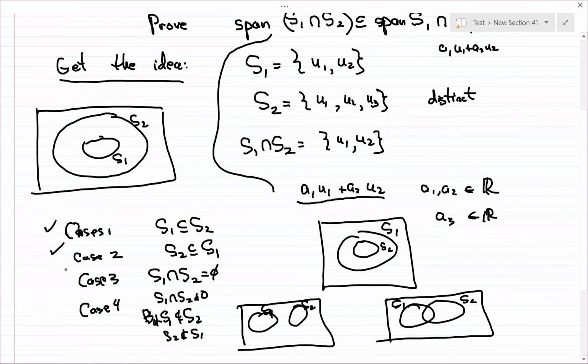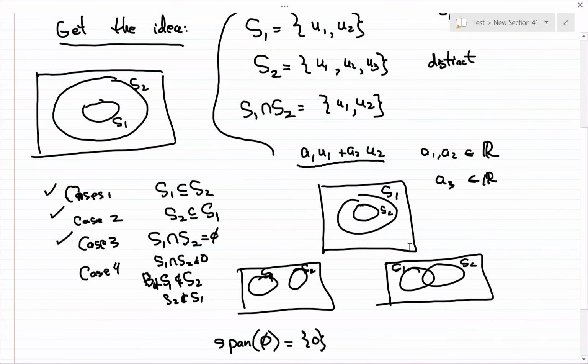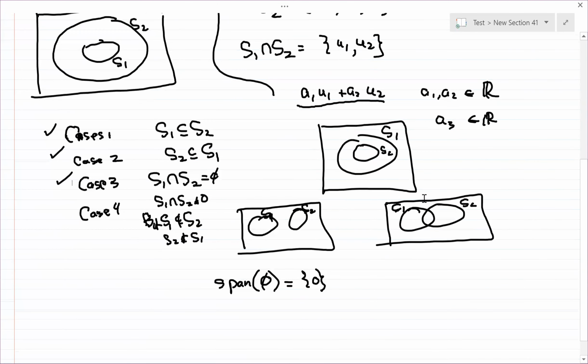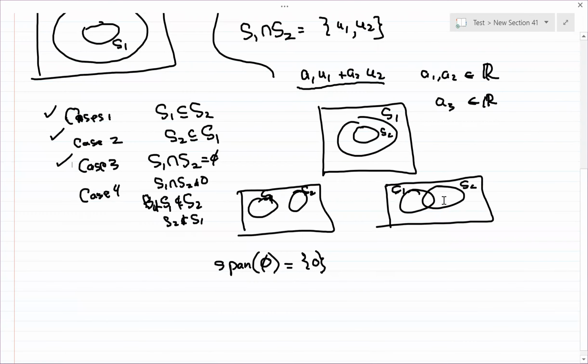Okay, so the only case left is a case that looks like this, where there's some intersection, but there's stuff in one that's not in the other, and vice versa. Okay, so let's do an example of that just to see how it might look.